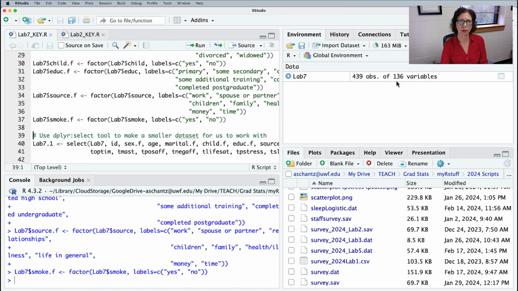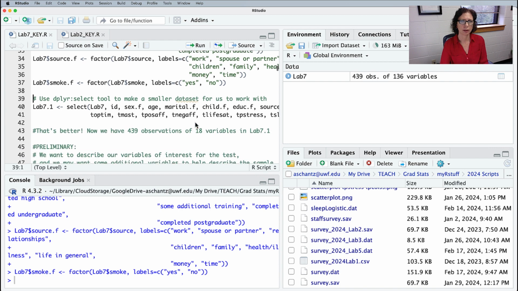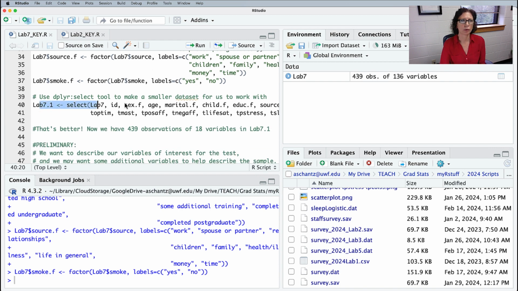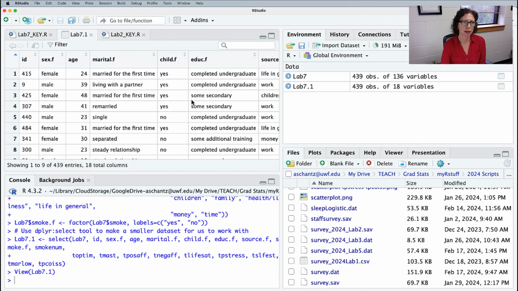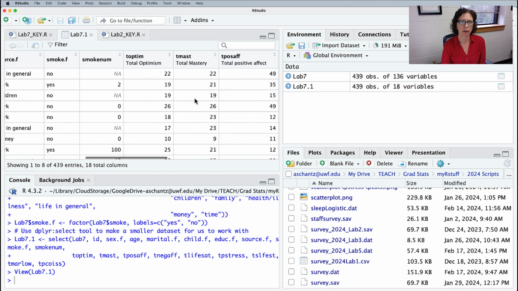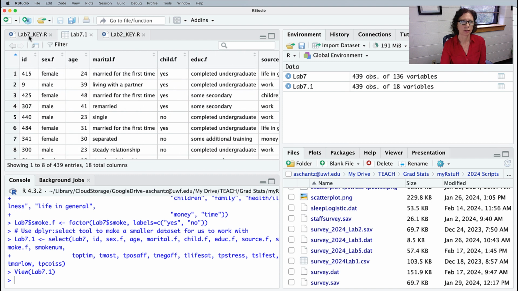So now I'm up to 136 variables in the data set. And then just like before, we're going to select just some of those variables so we're not working with 136 of them. We don't need quite that many. So Command Enter. Now I have 439 observations of 18 variables. Way more manageable, easier to see as a table in our script area here. So, good.